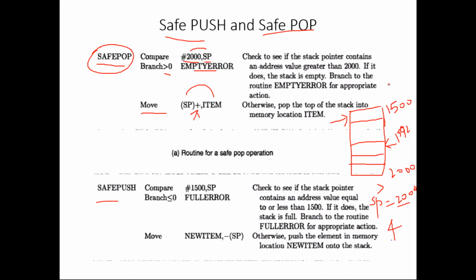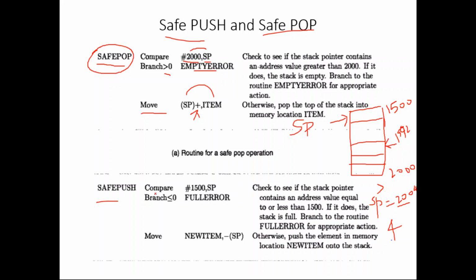It should not even be equal to 1500. If SP is here already, it means stack is full. So SP should not have any value which is less than or equal to 1500. If it is, it means that stack is already full.